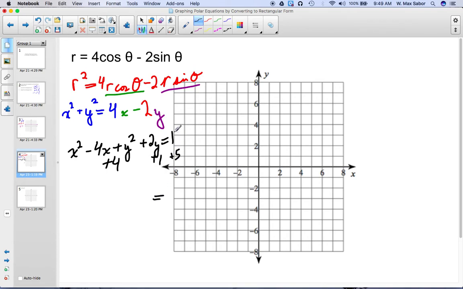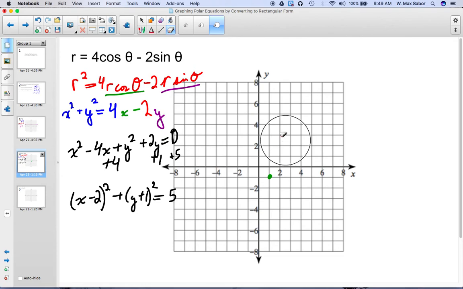So we get 5 equals x minus 2 squared plus y plus 1 squared. And now we can graph that. 2 comma negative 1 is the center, and the radius is square root of 5. Square root of 5 is barely bigger than 2, so that's what it's going to look like approximately.